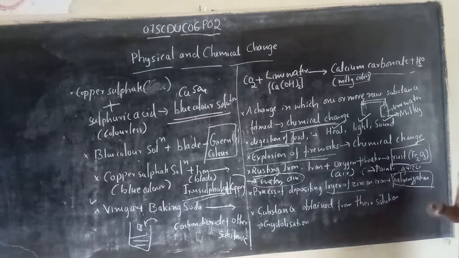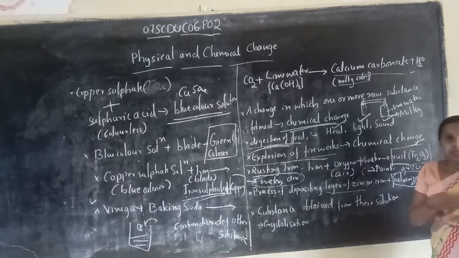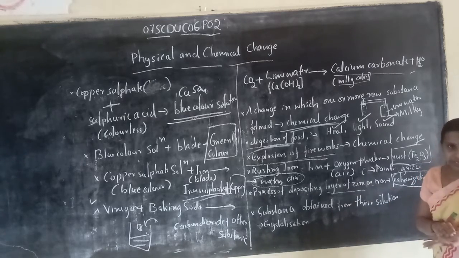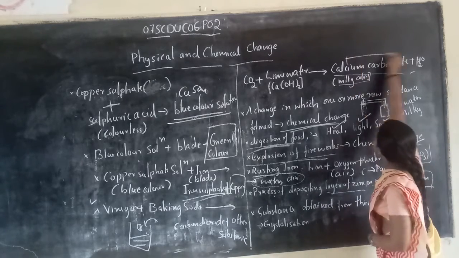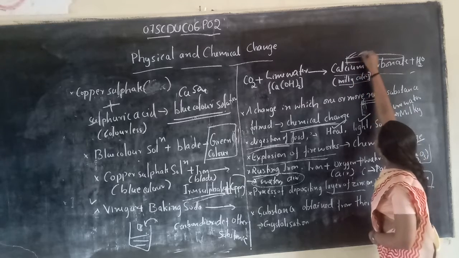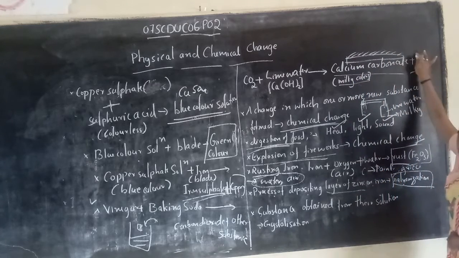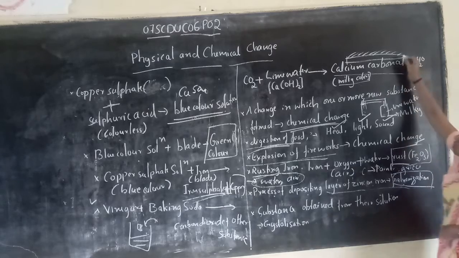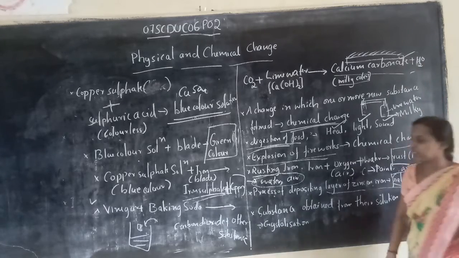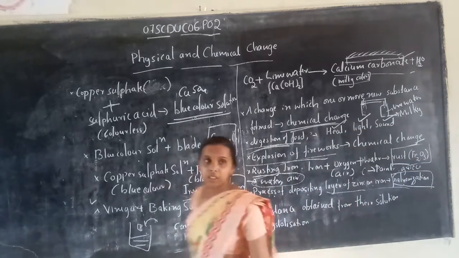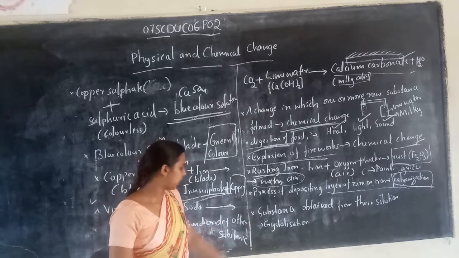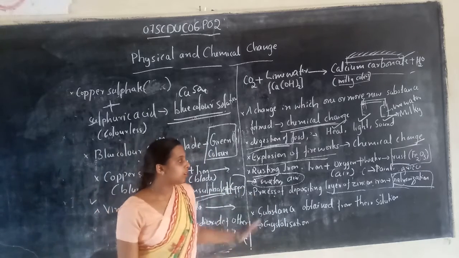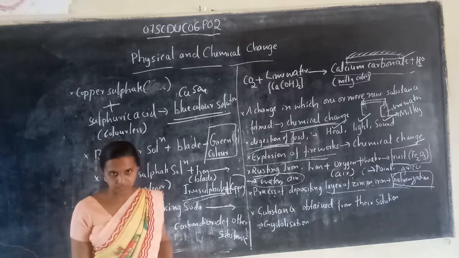If I take this iron and deposit a layer of zinc on it, this process is called galvanization. Why do we use galvanization? Because the iron is protected from the rusting process.